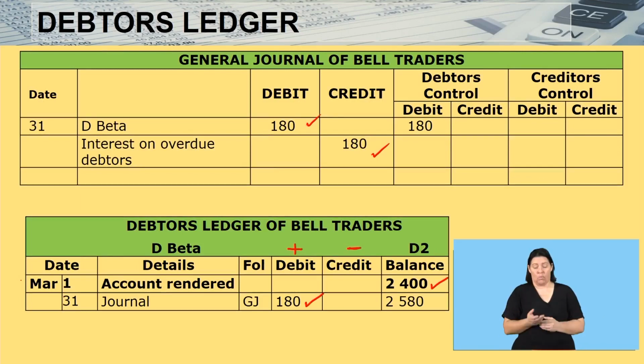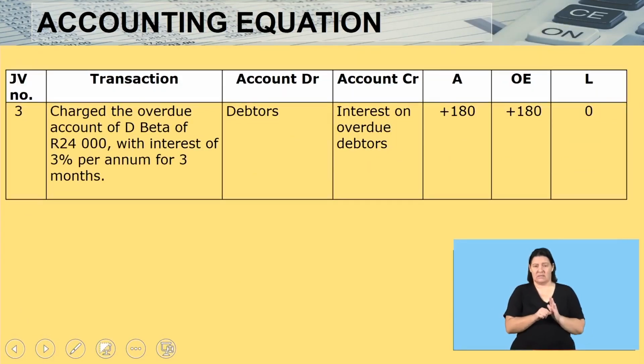It will increase what they owe to the business. So you have to say on your calculator 2,400 plus 180 to give you 2,580. When you have understood this, it is very important, dear learners, that you continuously practice on such transactions.